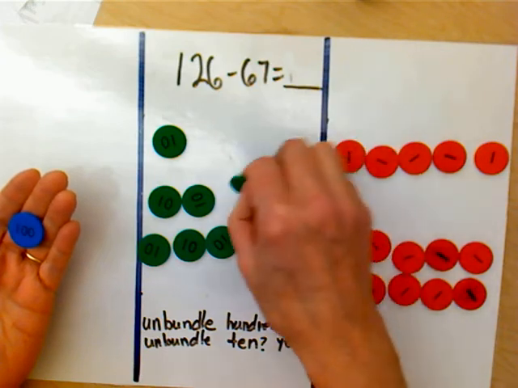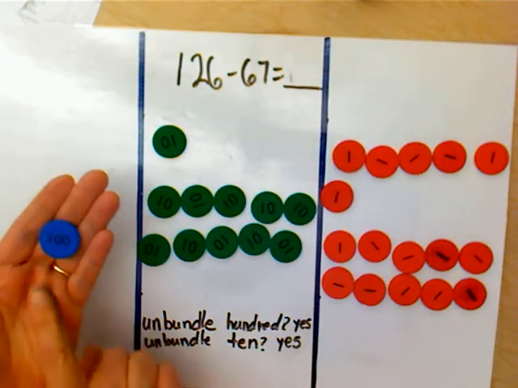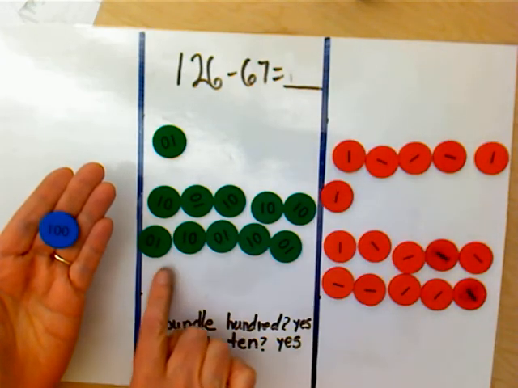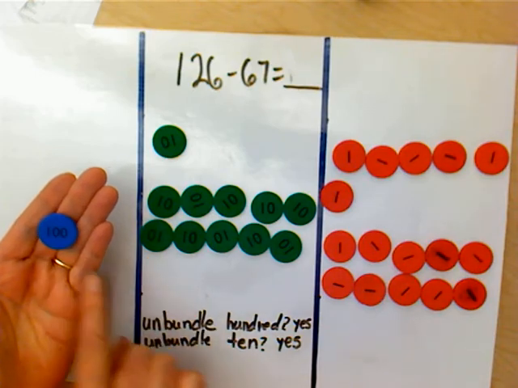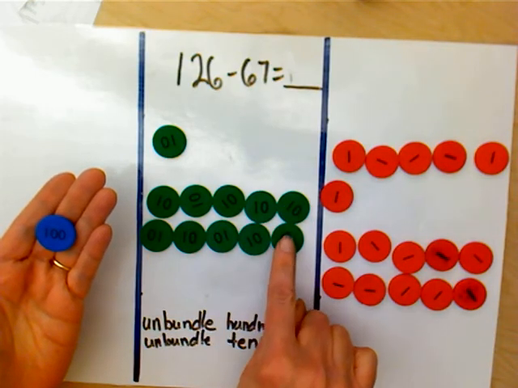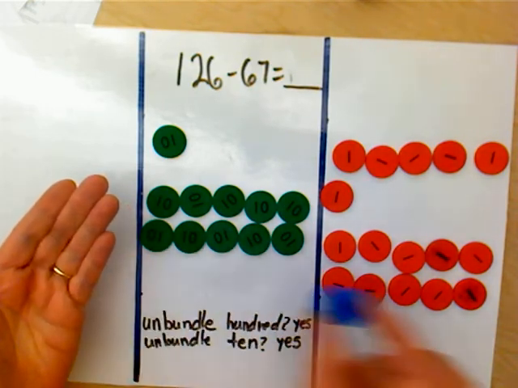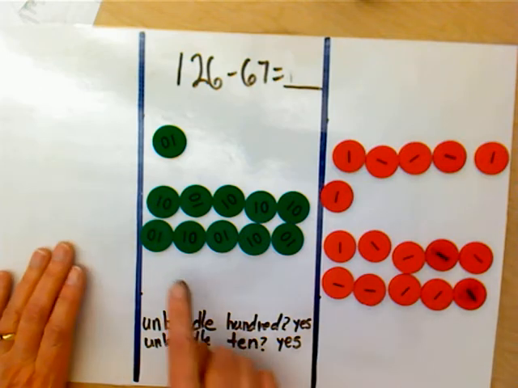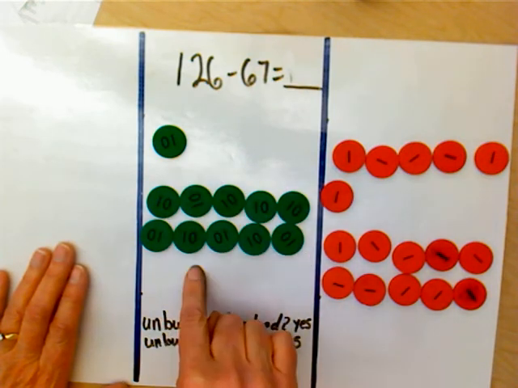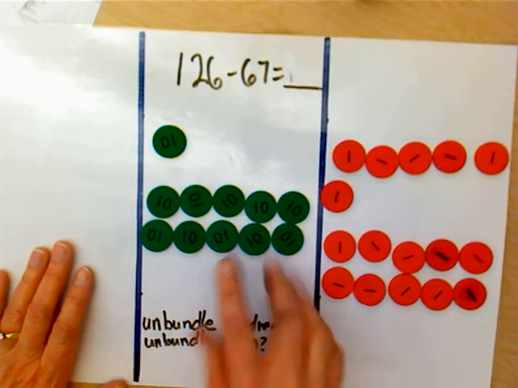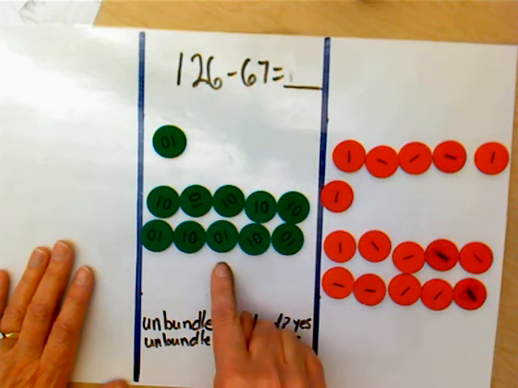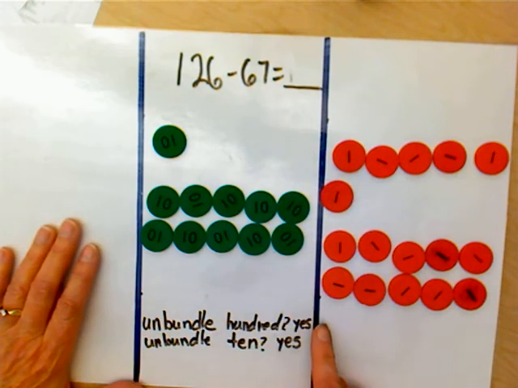Once I have unbundled this 100 into 10 10s, I can now move it off my place value chart and see that I now have 11 10s. So I know that I have enough to take 6 10s away from 11 10s. So I had to unbundle both 100 and a 10.